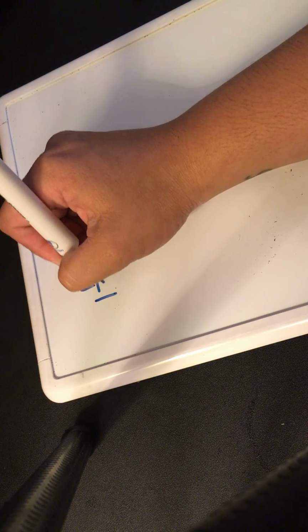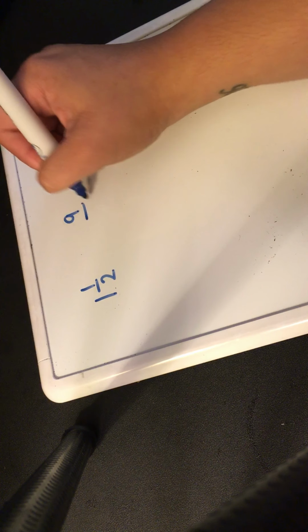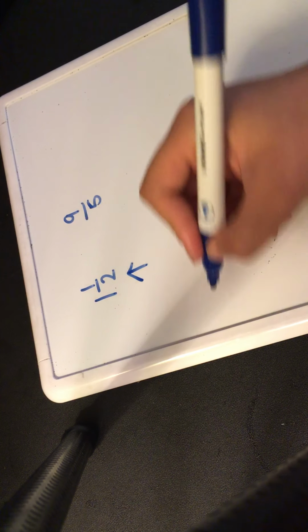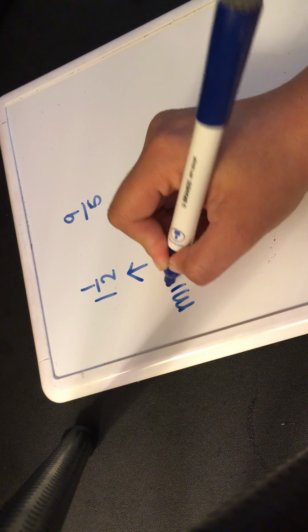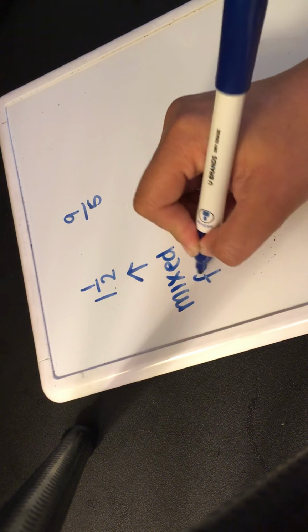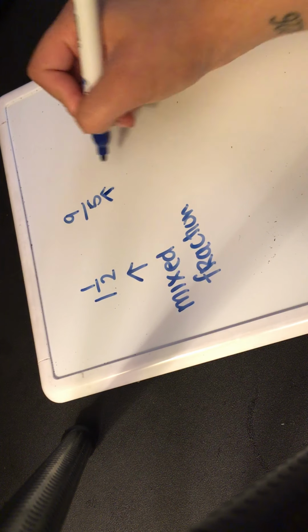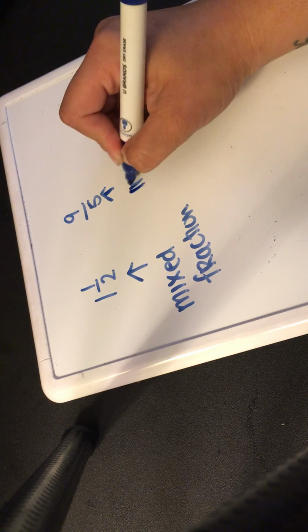Let's take 1 1/2 and 9/5. This one right here will be our mixed fraction, and this one is our improper fraction.